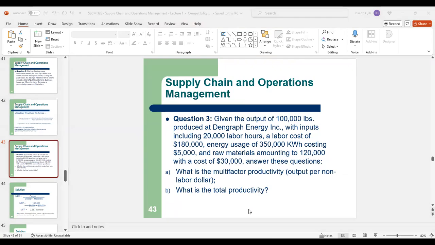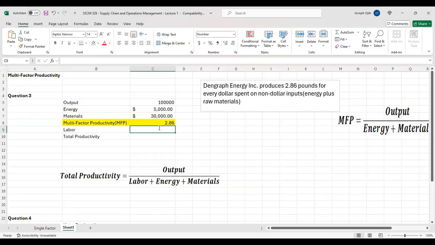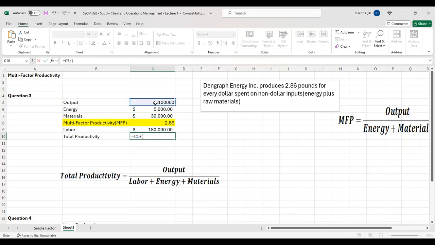So total productivity now equals output divided by energy plus materials plus labor. Close the parentheses and press enter. That gives 0.47.